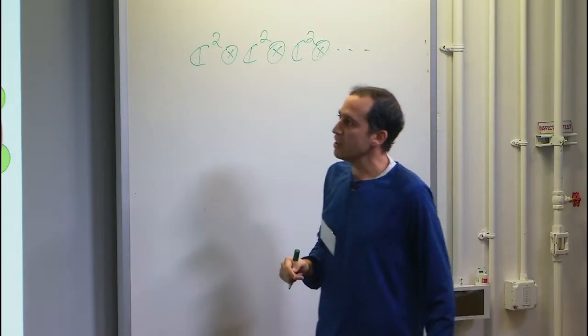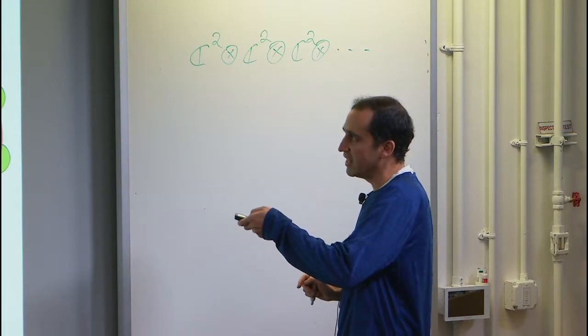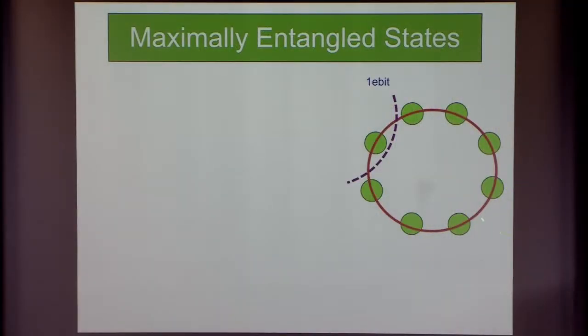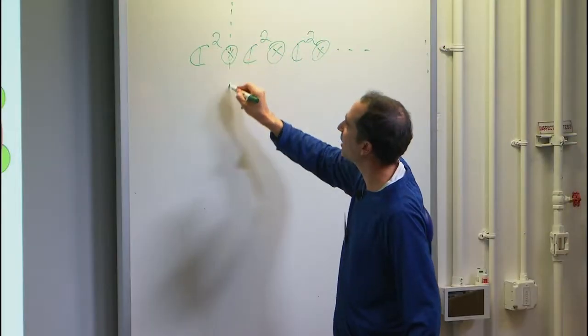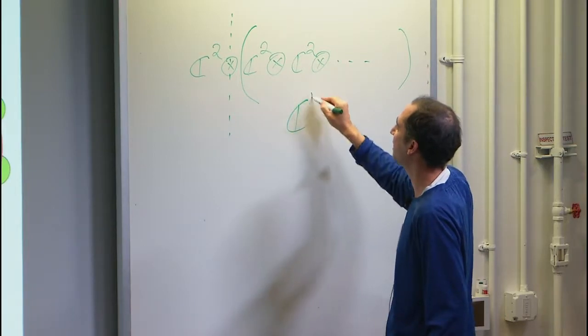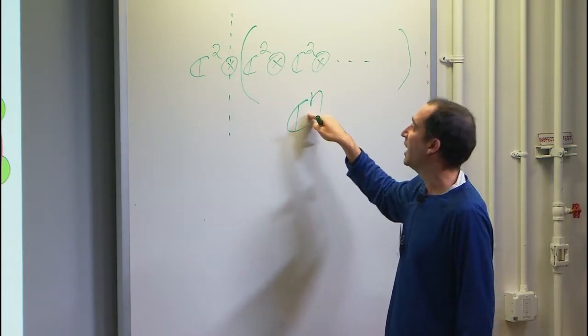Now we want to know what is maximally entangled. Maximally entangled means that every qubit here is maximally entangled with the rest. What does it mean? If I look at it like a bipartite cut, thinking about all of this as some C^n, then I have two systems.